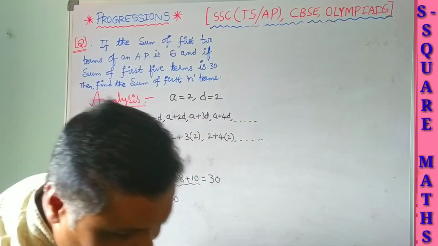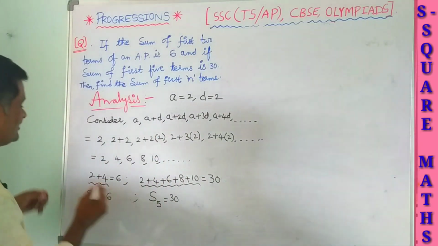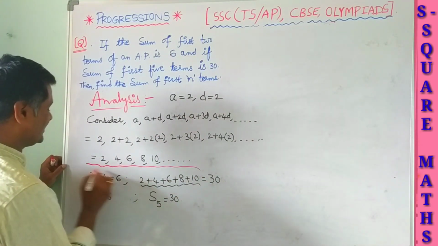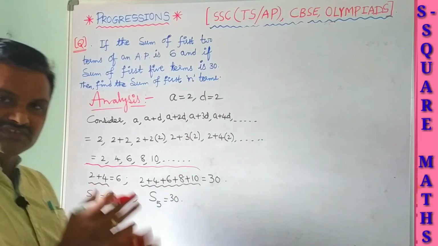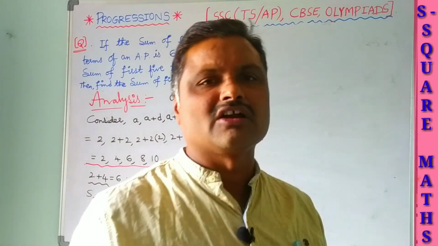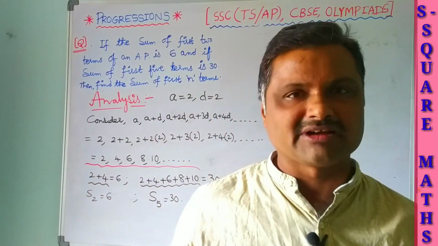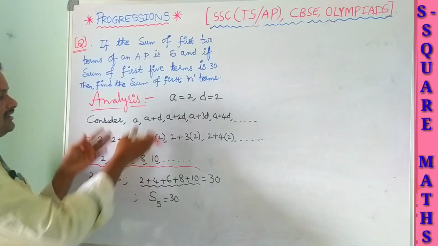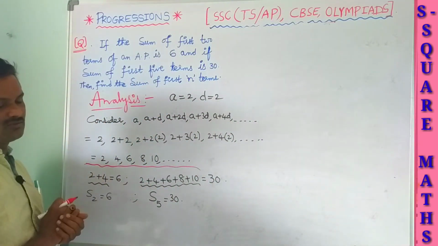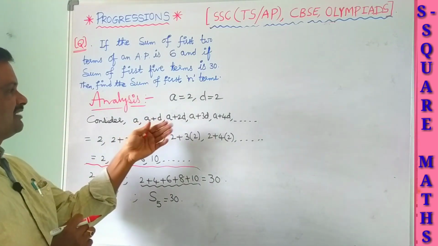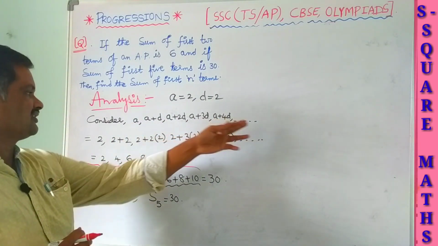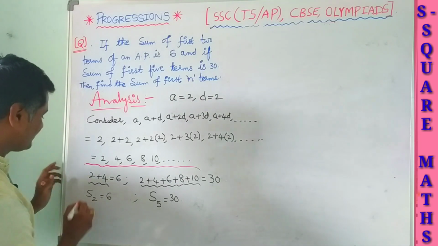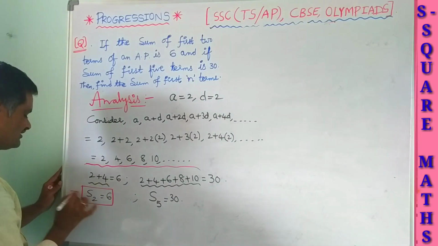After seeing this alone, we do not get any idea whether they are natural numbers or odd numbers or even numbers or any other particular numbers. But here we are analyzing the problem with the general terms of the AP: a, a plus d, a plus 2d, a plus 3d, a plus 4d, and so on. Finally our condition is satisfied.